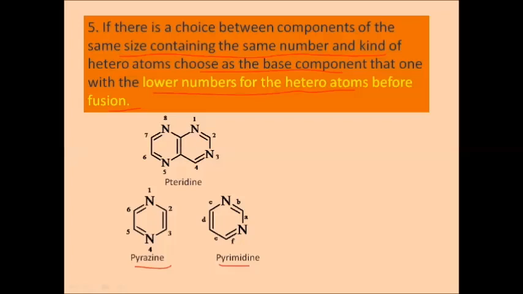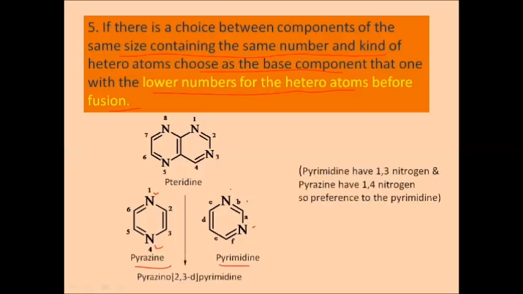So pyrazine has 1,4 nitrogen and pyrimidine has 1,3 nitrogen. So we will give the preference to the pyrimidine because of the lower numbers of heteroatoms: pyrimidine has 1,3 and pyrazine has 1,4. So pyrimidine is the basic ring and pyrazine is the substituent ring.